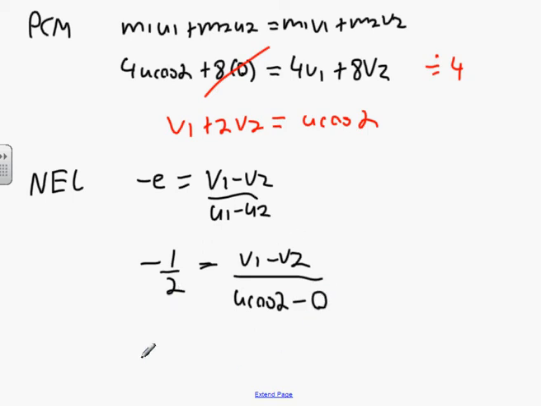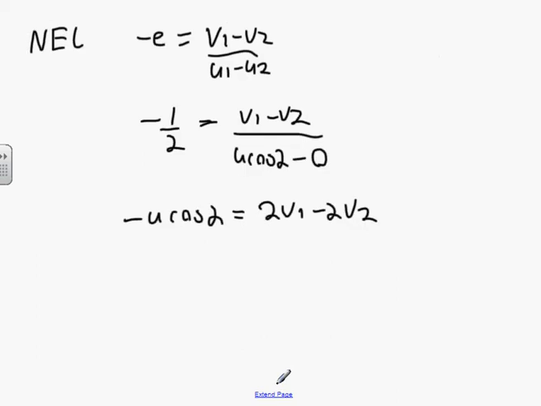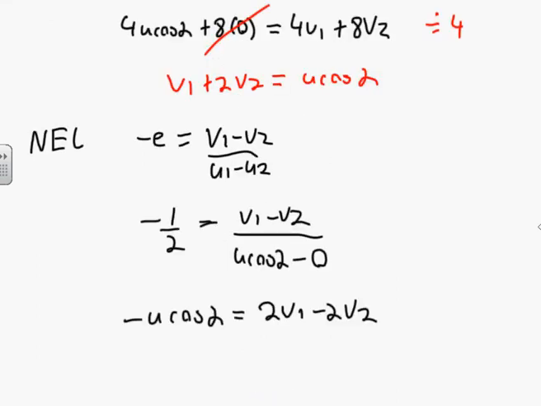Cross multiply: minus u cos alpha equals 2v1 minus 2v2. There's your second equation. Just reverse it around: 2v1 minus 2v2 equals minus u cos alpha.